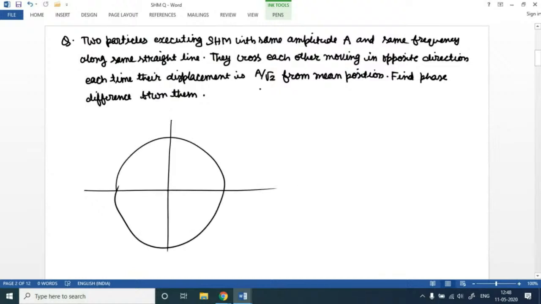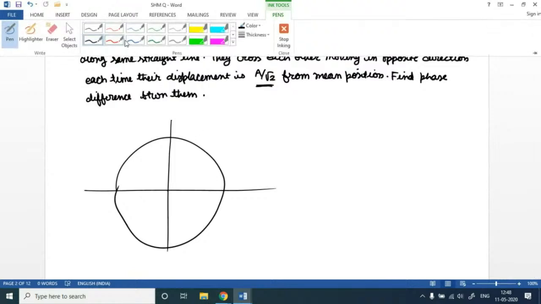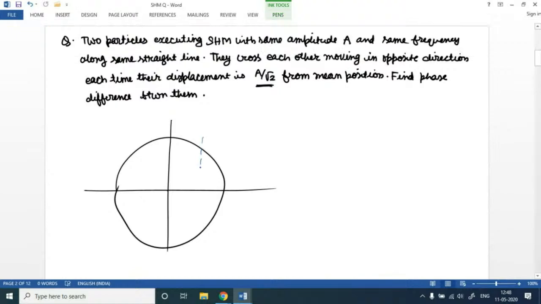So their positions are x is equal to a by root 2. That is the displacement from the mean position. So you should realize we are talking about something like this line. This is x is equal to a by root 2, say. They cross each other moving in opposite direction. So one particle is definitely moving in this direction and the another particle is moving in this direction.